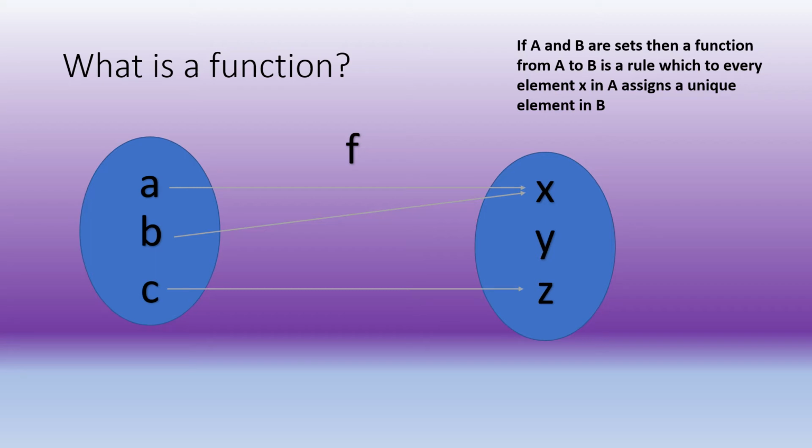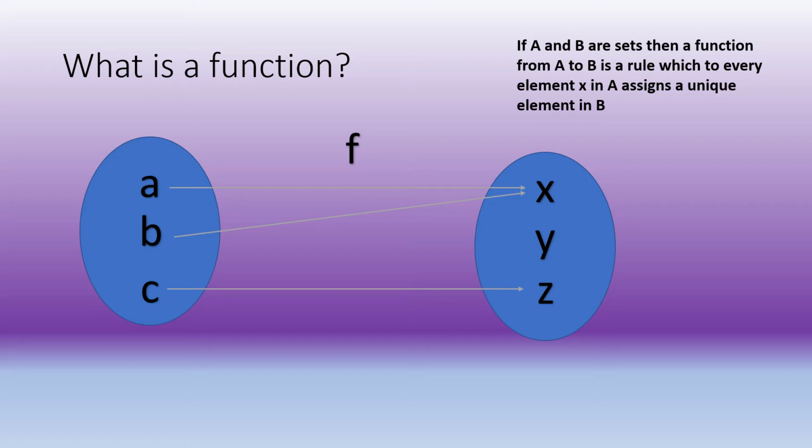Now, this is not a surjective function because we have a label y, an element in our output set, which doesn't have an arrow going to it, and therefore this function is not surjective. And this function is also not injective because we have two elements, a and b, in our input linking up to the same element in our output.